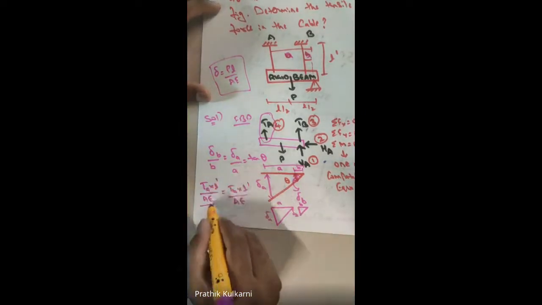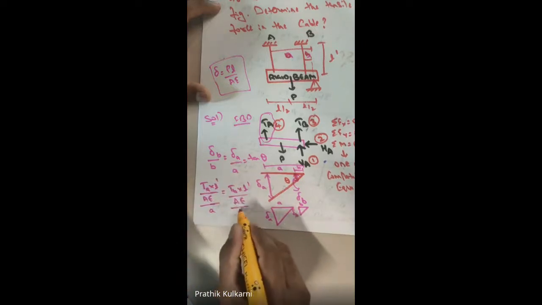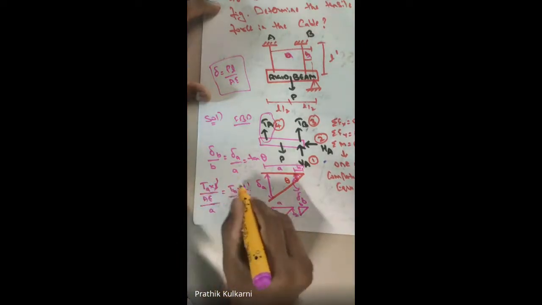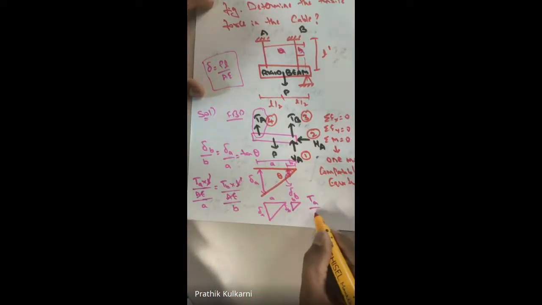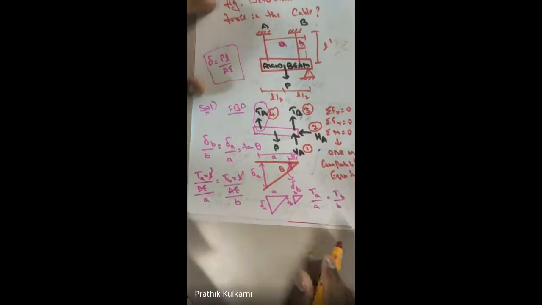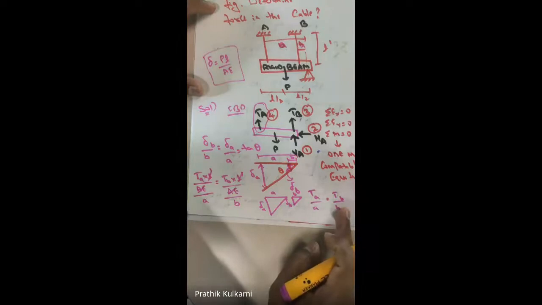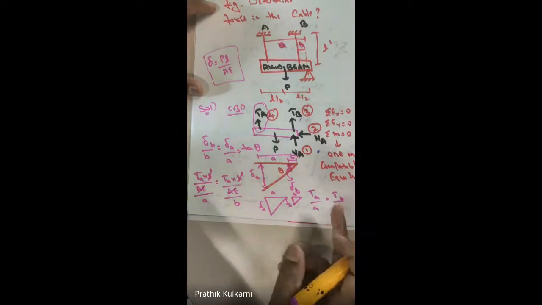This has A, this has B. So L dash, AE will get cancelled. Yes or no? What are we remaining with now? TA by A, which is equal to TB by B. So from here you can write TA in terms of TB, and you can write TB in terms of TA.